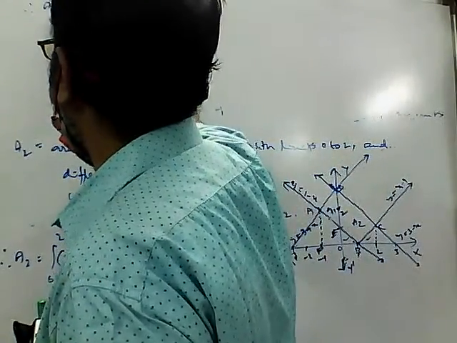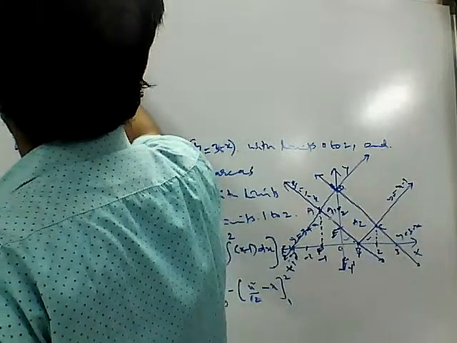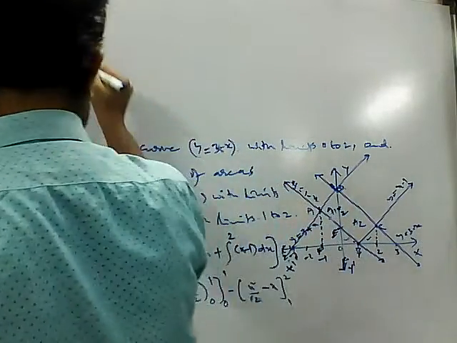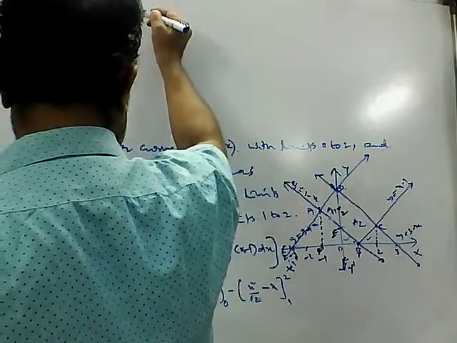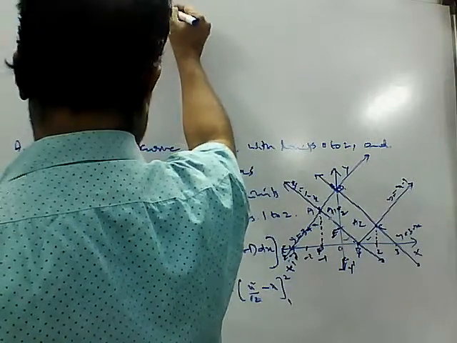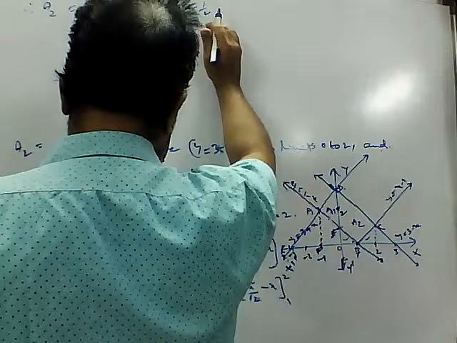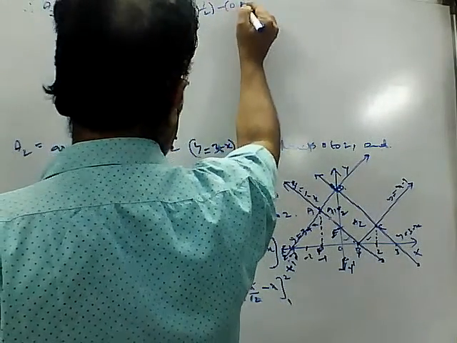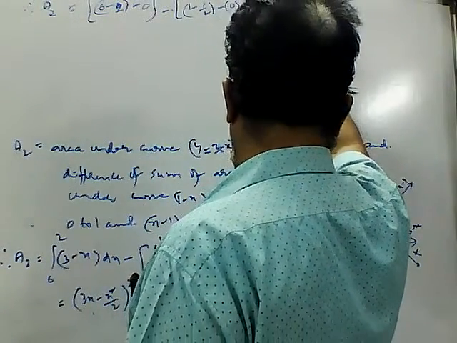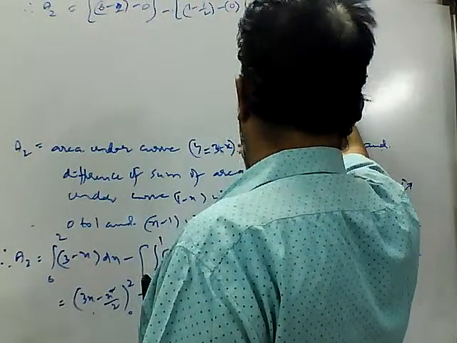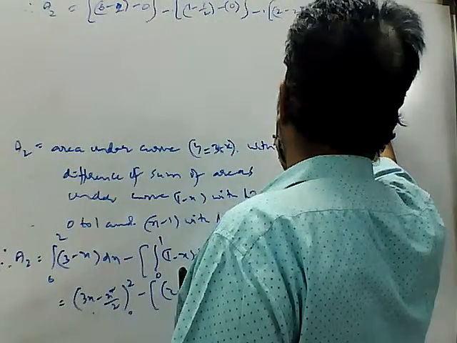In the earlier part we got 3 units. A2 is equal to 3 into 2, 6, minus 0, minus of 6 minus 2 minus of 0, minus of 1 minus 1 by 2, 1 minus 1 by 2 minus of 0, minus of 2 minus 2, minus of 1 by 2 minus 1.